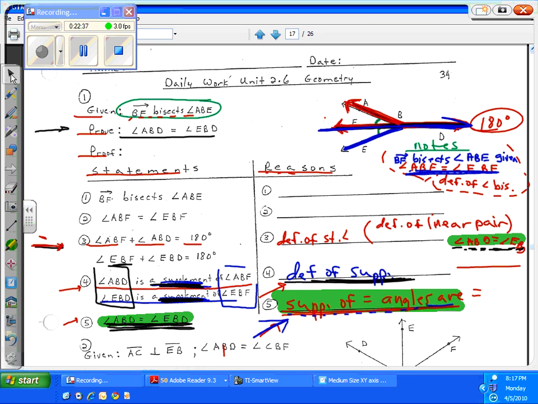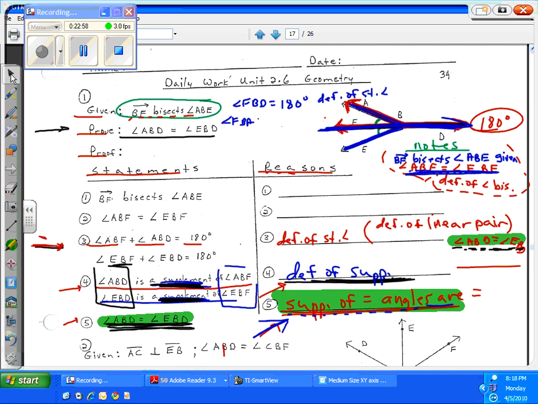Technically, that's fudging just a little bit. What we really should say is that this whole angle, angle FBD, is equal to 180 degrees by the definition of a straight angle.